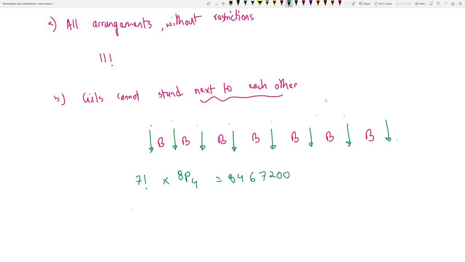Or you could do it this way: 7 factorial times 8C4 times 4 factorial. 8C4 times 4 factorial is the same as 8P4, because 4 factorial means the 4 girls can interchange between each other, and 8C4 means I'm just choosing the positions for the 4 girls and then arranging them. But 8P4 does that in one step, essentially. So that's that.